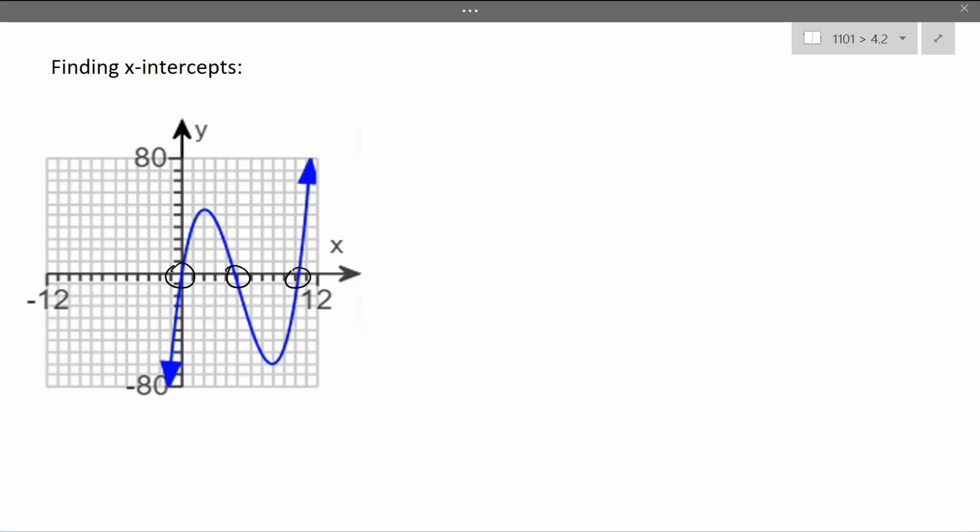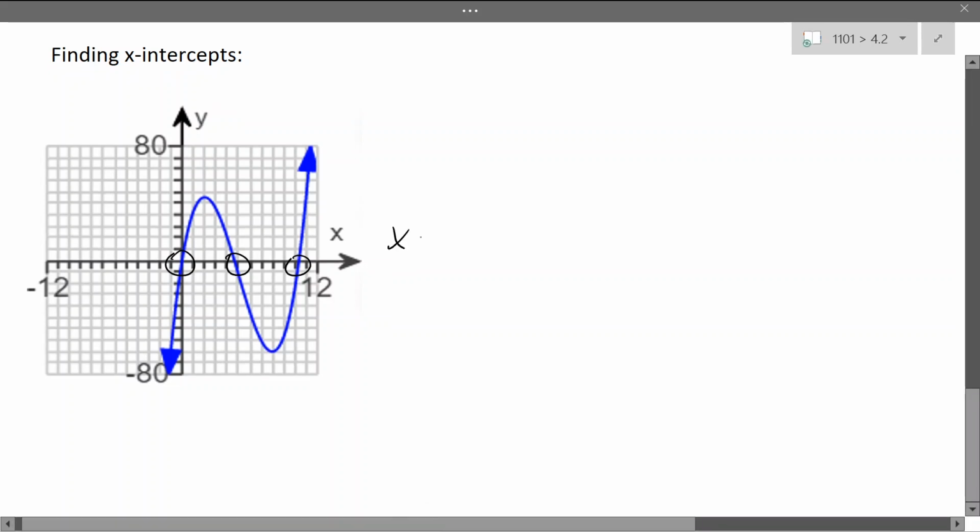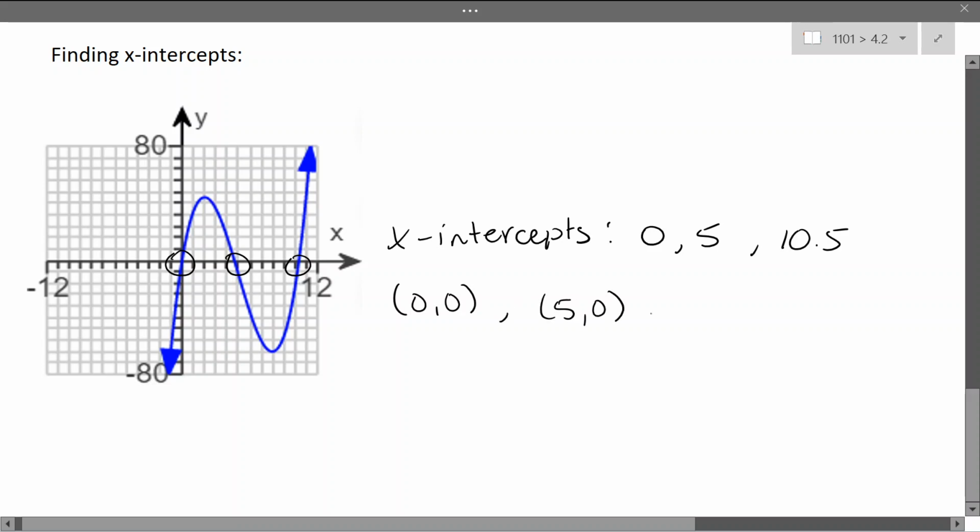So, if we were asked to find x-intercepts for this graph, we would have an x-intercept at 0, 5, and that looks like 10.5. So if we were asked to write these out as ordered pairs, it would be (0, 0), (5, 0), and (10.5, 0).